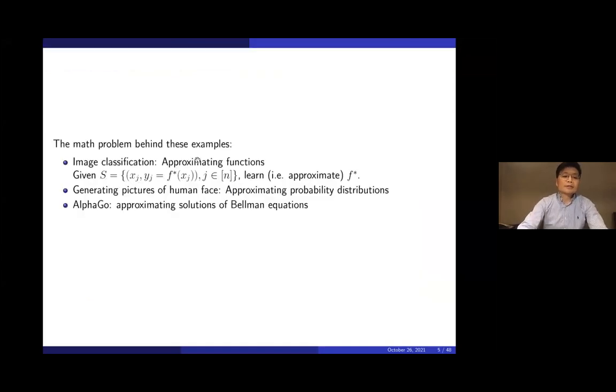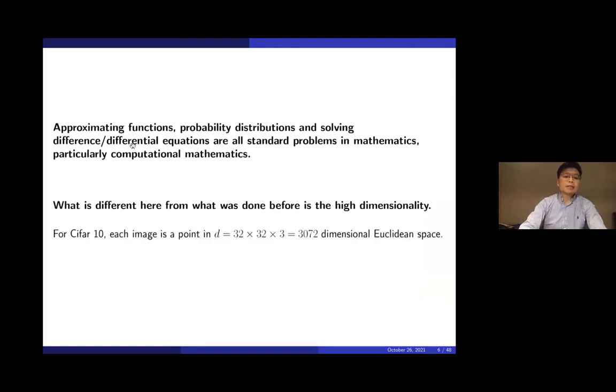So the first example is about approximating functions, the second is about approximating probability distributions, and the third is about approximating the solutions of Bellman equations. Approximating functions, probability distributions, and solving equations are very standard problems in mathematics, particularly in computational mathematics. This is sort of my major, and this is what we've been doing for a long time.